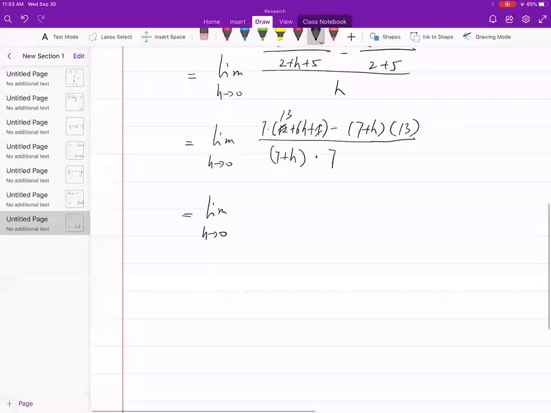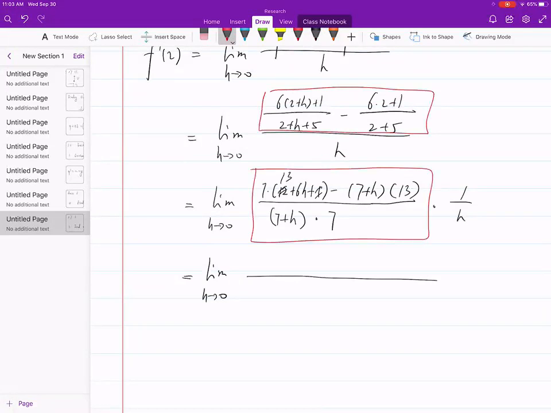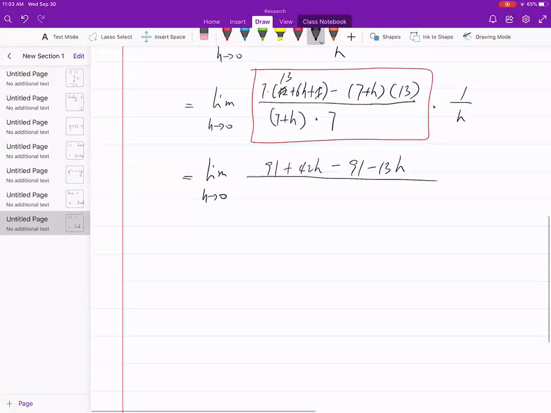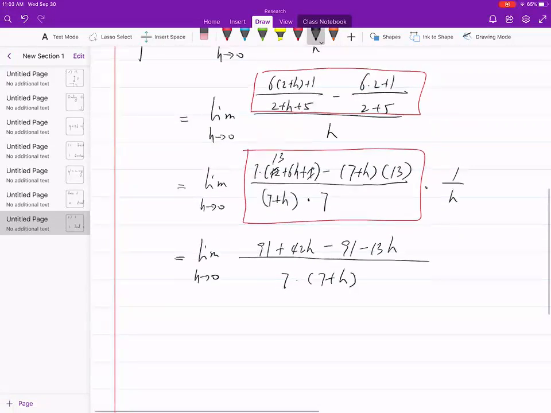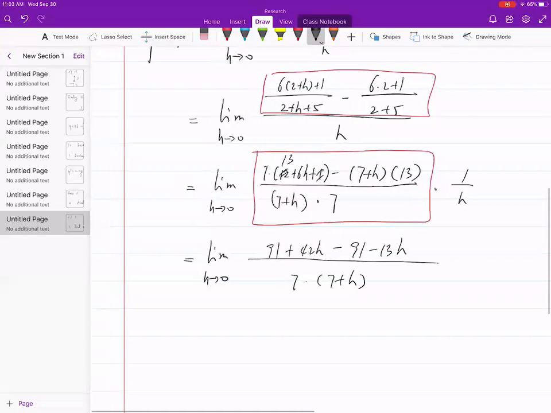Times 1 over h. Everything I just did here is the top. Okay. And then 91 plus 42h minus 91 minus 13h, over 7 times 7 plus h, times 1 over h.